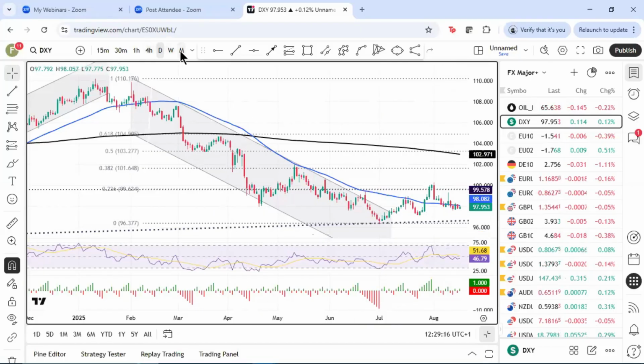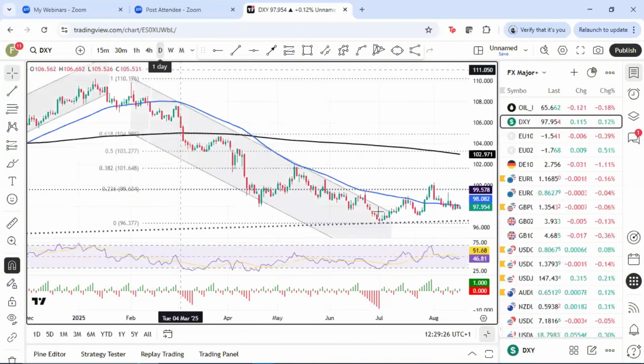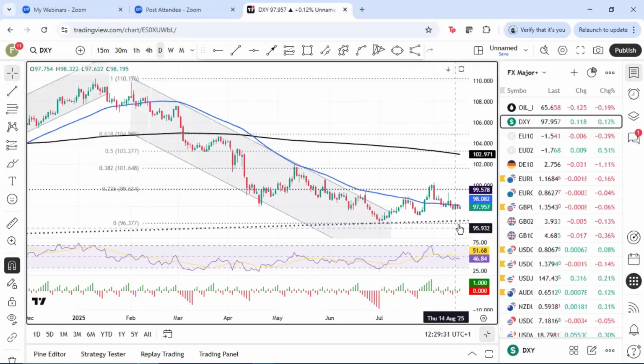The dotted line, just for your guide, is a very long-term support line from these lows in 2011 and 2021. You can see that comes in more or less around that long-term low, just a bit higher now, around 96.61, just for your guide.